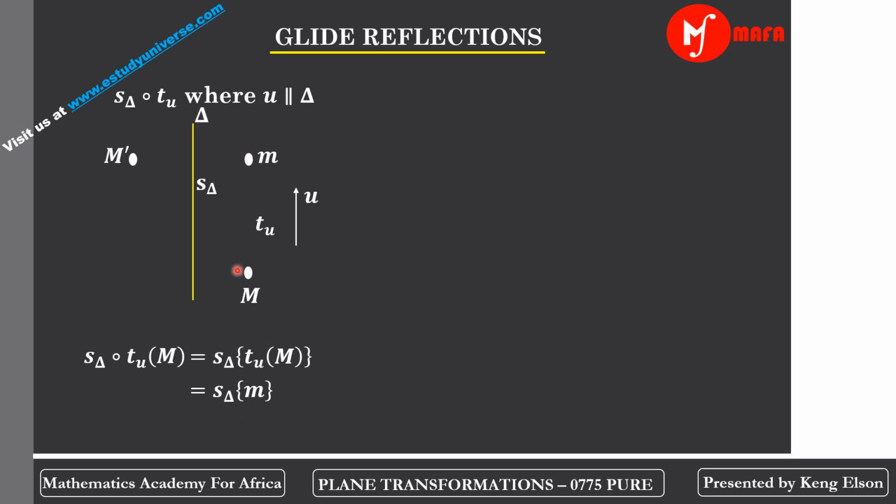Then I will find the image of the point small m under the line reflection, or the orthogonal symmetry S whose axis is delta and is parallel to the translation vector, and we are going to have m prime. Now this composition is commutative, which means that if I do the reverse composition, I will still get the same glide reflection.